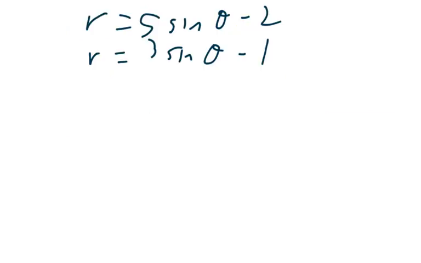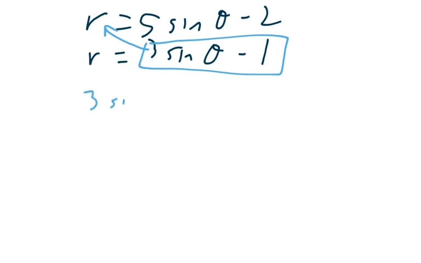Alright, for problem number 4, I forgot to put in sine theta and cosine theta. So put those into your problem right now. And we're going to start out by doing the substitution. So I got 3 sine theta minus 2 equals 5 sine theta minus 1.